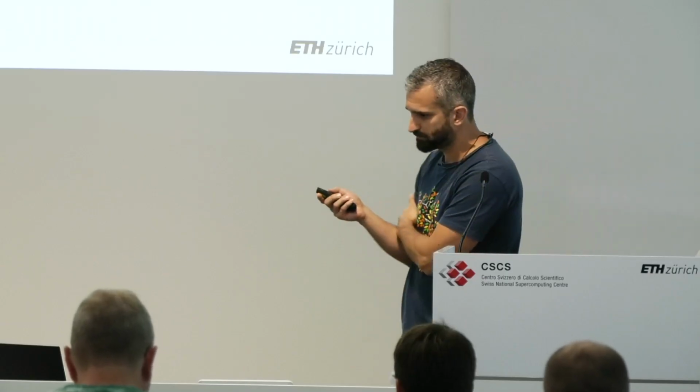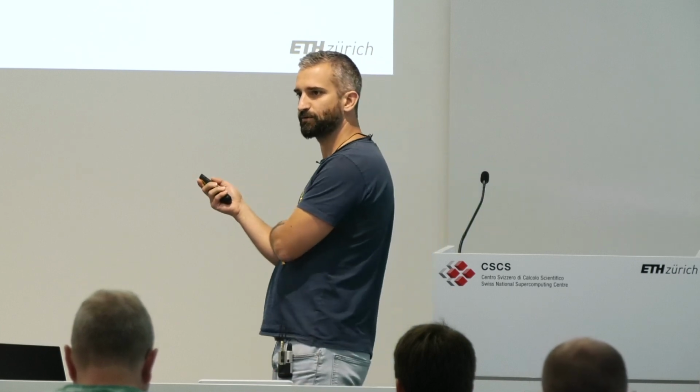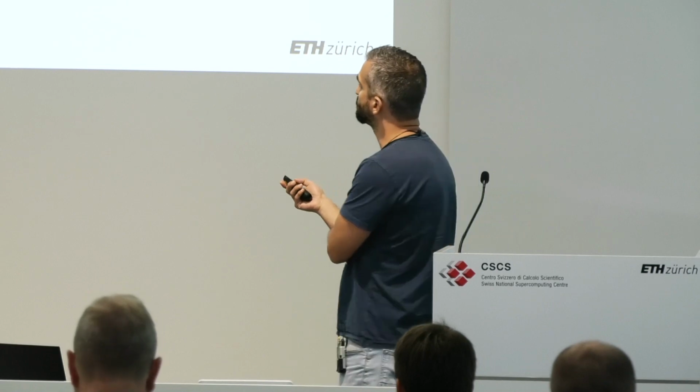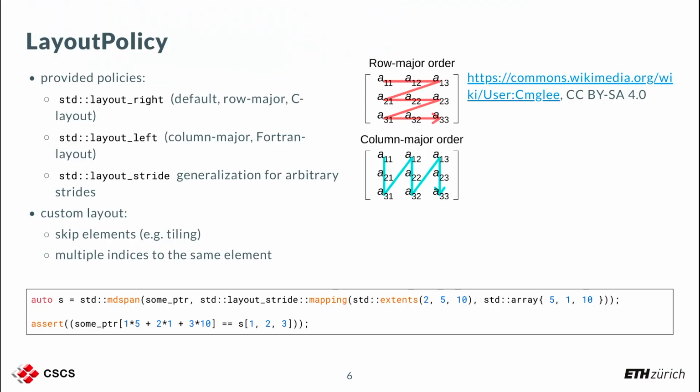Okay, extents. What else? Layout policy. Layout policy describes your memory layout, or basically how you index your memory. And the default, as I said, is the layout right. I didn't hear that description of a layout in any other context than the C++ standard. I don't know, maybe C++ wants to be special.